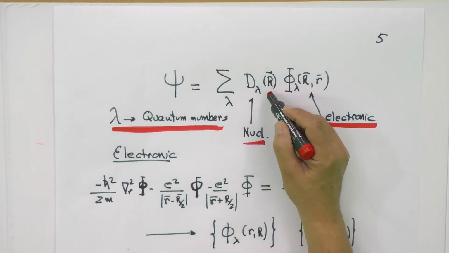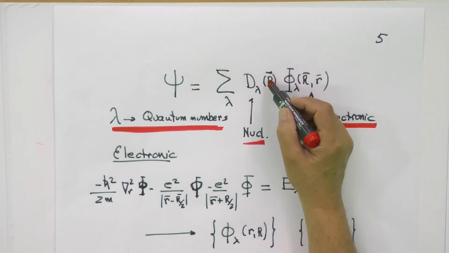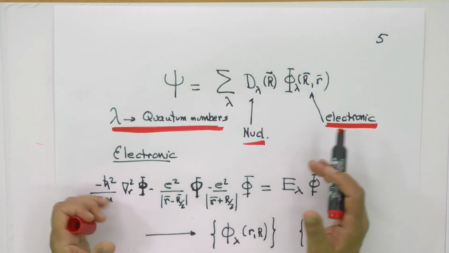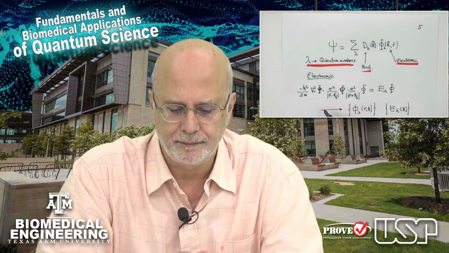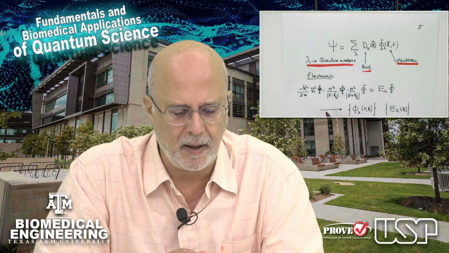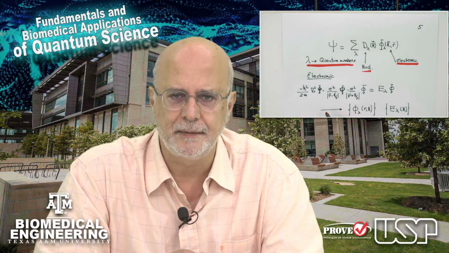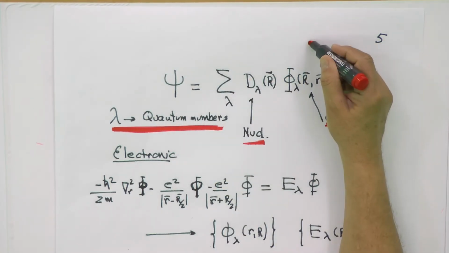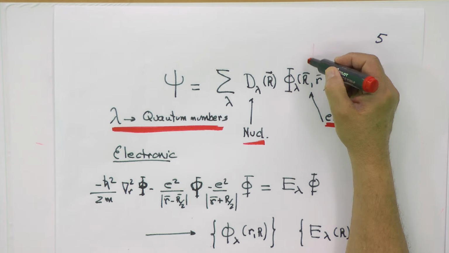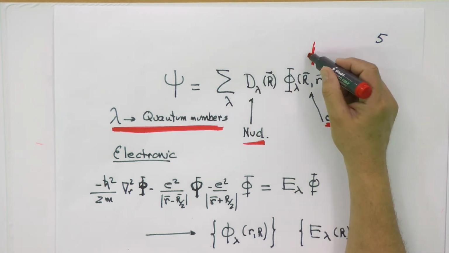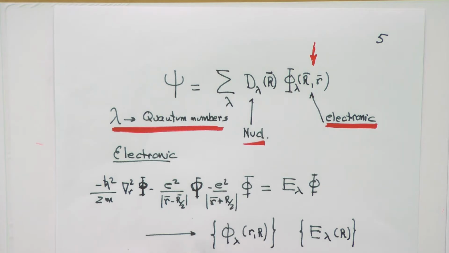Now, the nuclear function, which I call D, depends only on the distance between the nuclei, the nuclear coordinate. But we're going to insist that we can separate them. We're going to say that the wave function is a superposition of the electronic states, with coefficients depending on the position of the nucleus.